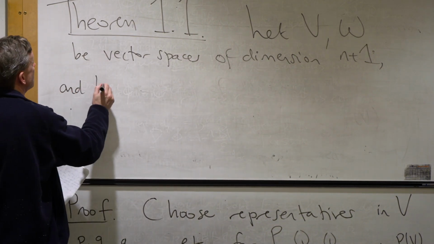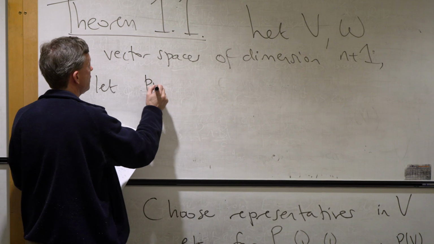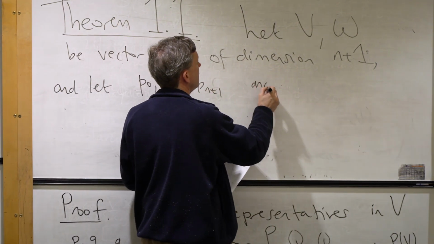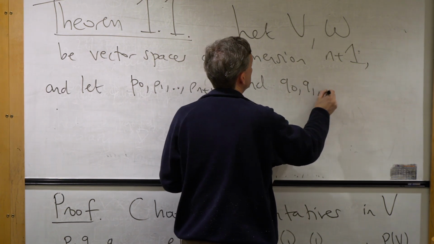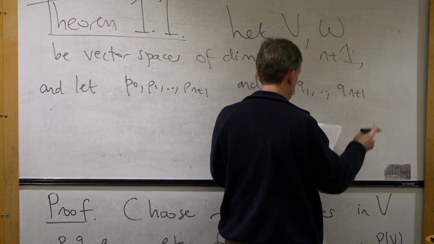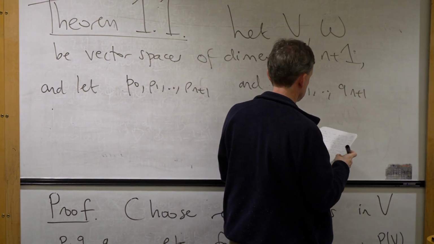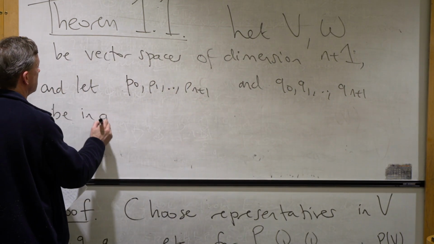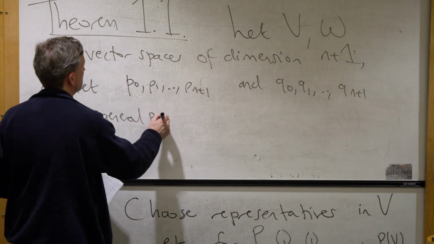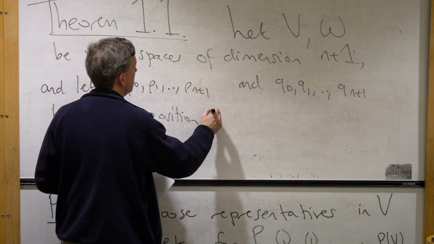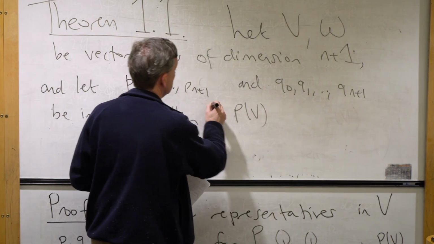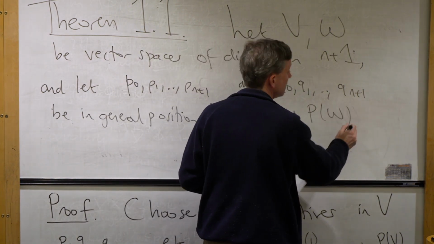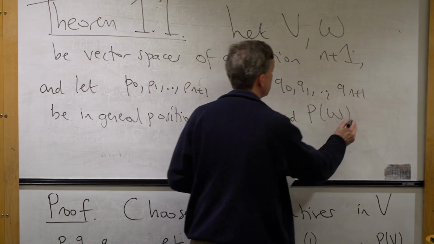And let little p0, p1 up to p n plus 1, and little q0, q1 to q n plus 1 be in general position in big P of V for the p's and big P of W for the q's respectively.